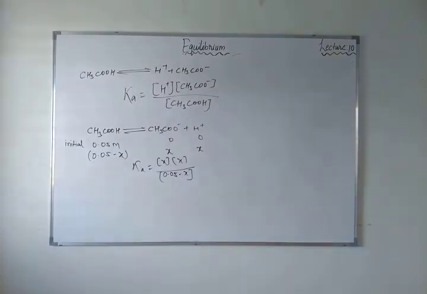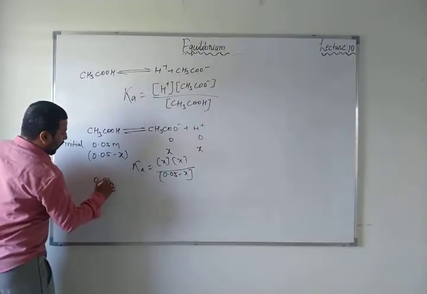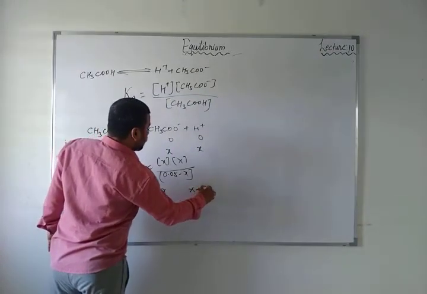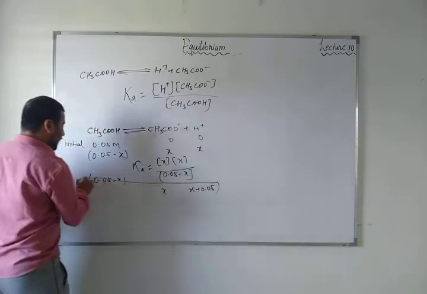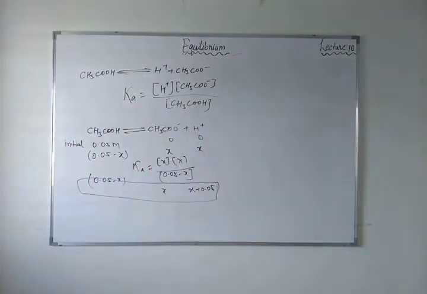But here the most important thing is that if we talk about the equilibrium concentration, then in the equilibrium concentration, this will be 0.05 minus X, here it will be X, and here it will be X plus 0.05. So this is in the case of equilibrium. You can see, as I have underlined, in the equilibrium concentration we can write like this. So no need to worry, dear students, it is a very small value for weak acids, so that's why here we can write it very easily.